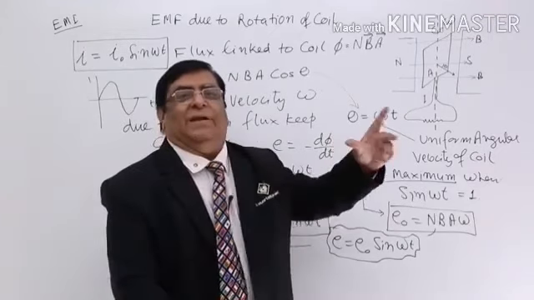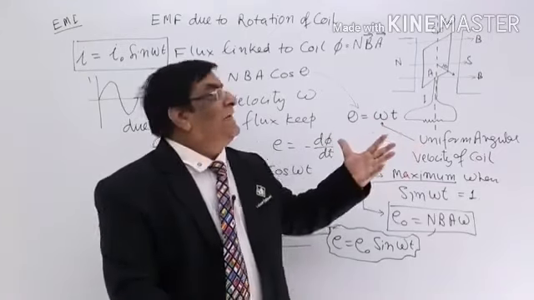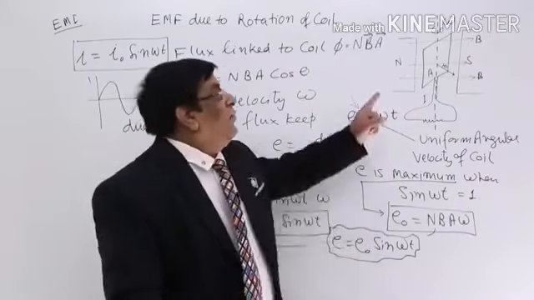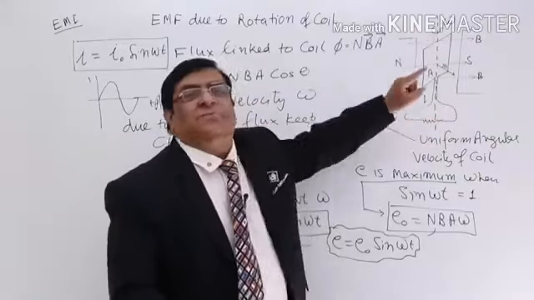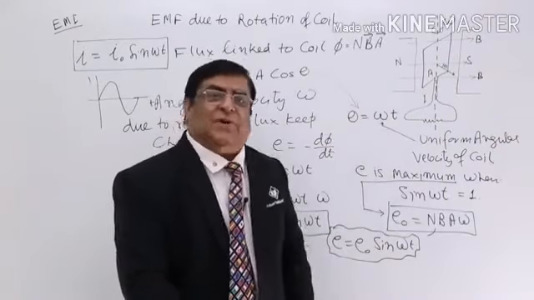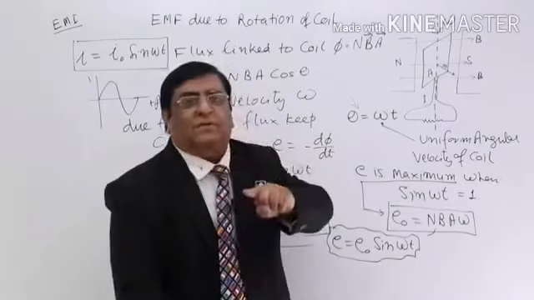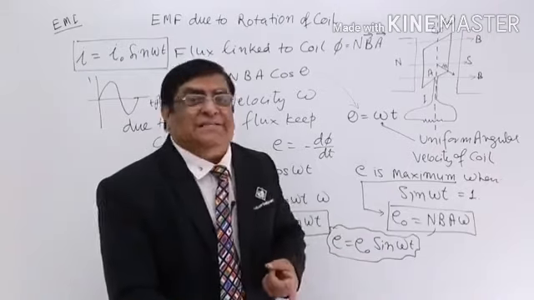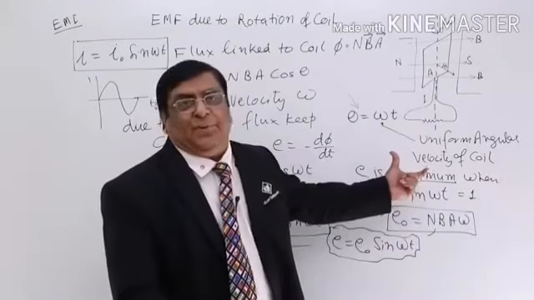By electromagnetic induction. Whose electromagnetic induction? A coil rotating in a magnetic field. And what is this machine known as? This machine is known as the AC generator, the electricity generator. Our first topic for the next chapter is the alternating current generator, which uses this principle.